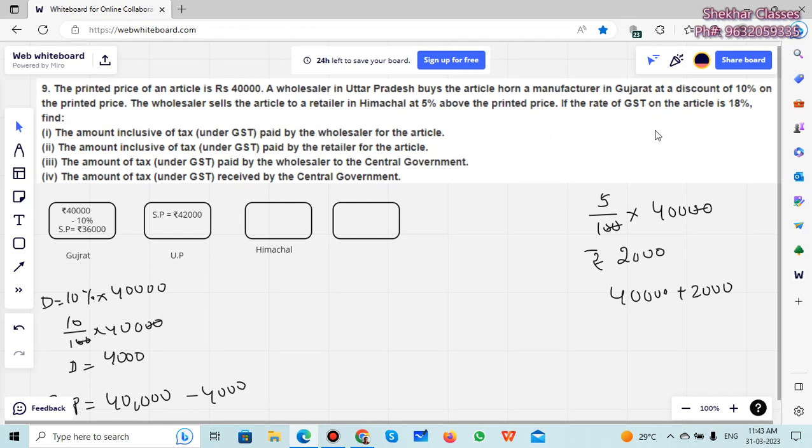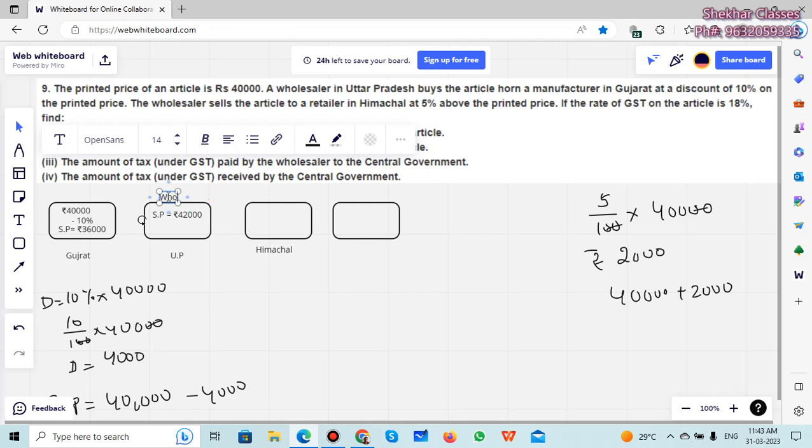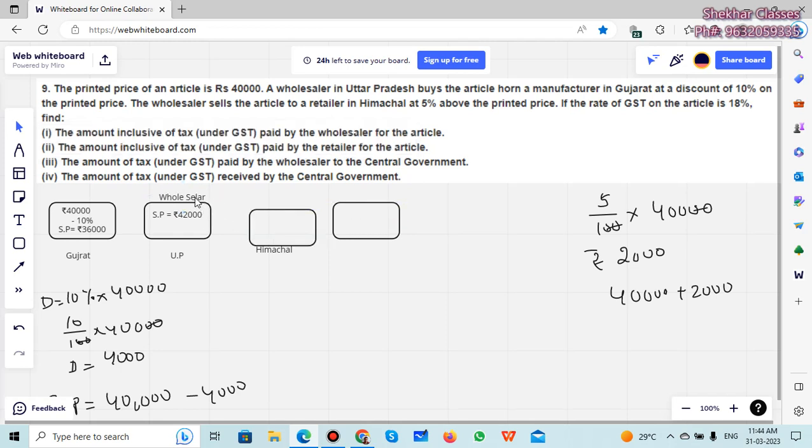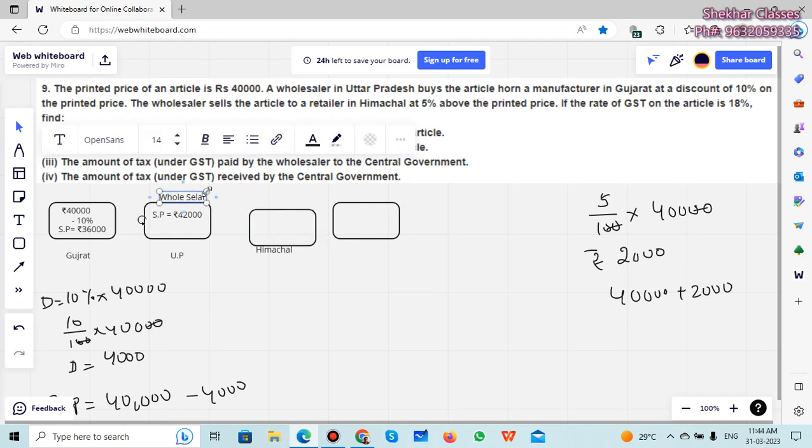If the GST on the article is 18%, now find the amount inclusive of tax under GST paid by the wholesaler. So remember, who is the wholesaler in it? The wholesaler is this guy, the UP guy, right? There was a spelling mistake in wholesaler.